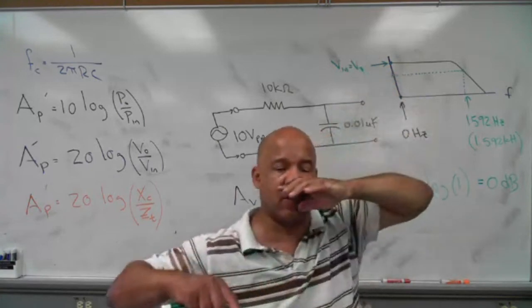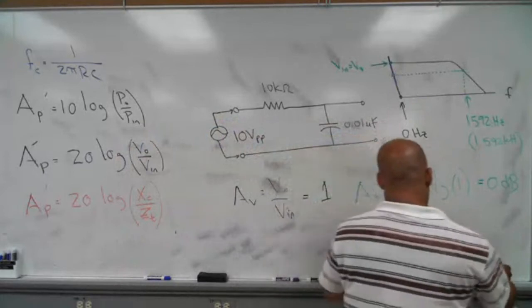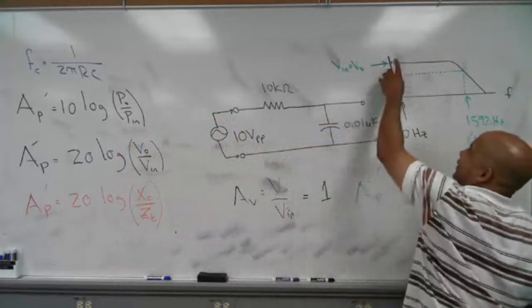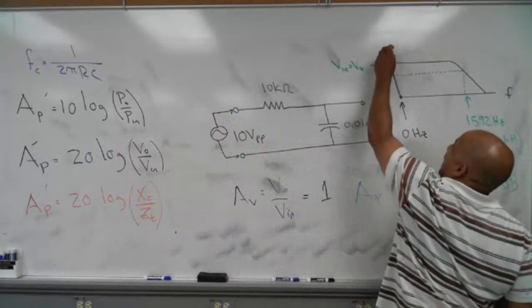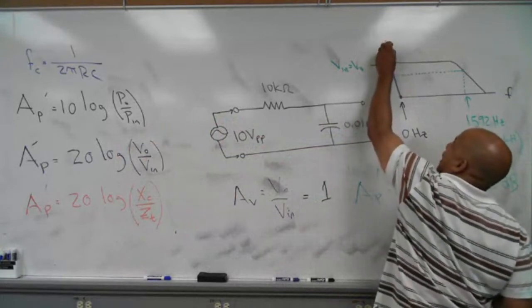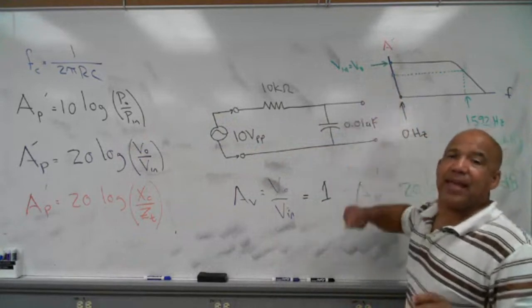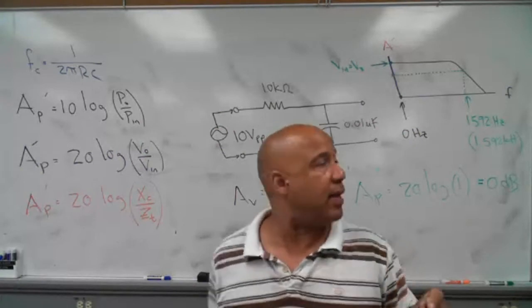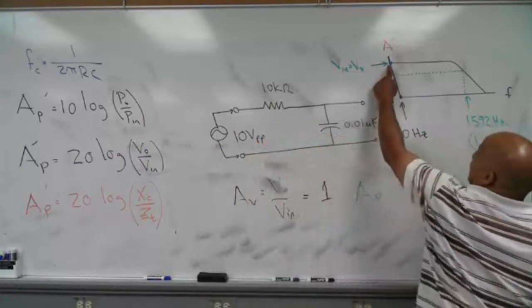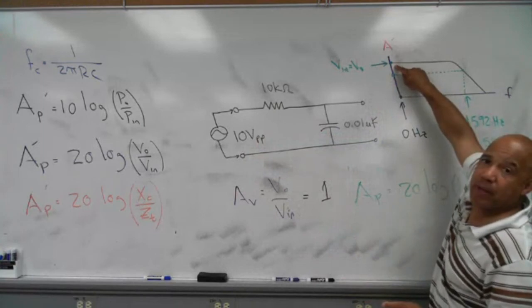Oh, you know what? Two things. I didn't say this. If I look at this, remember I said this axis can be in gain. This will help you out. This axis can be VI or it can be gain, power gain, right? Well, that 0.707 is also called the 3 dB point. In other words, this point right here is always 3 dB down from that top point.